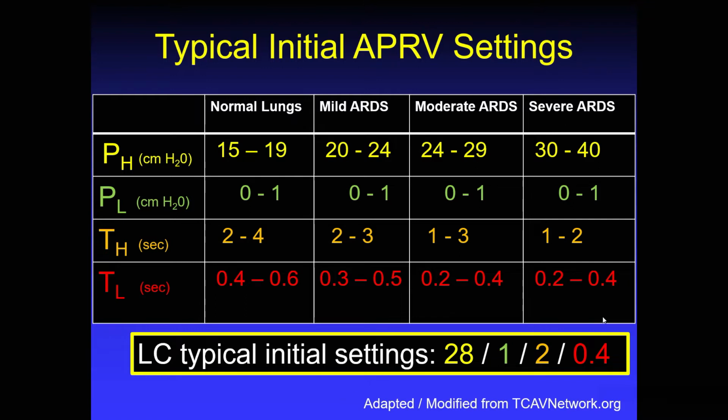And T low, I usually initially set at 0.4, and then we see where we're at in relation to the expiratory flow termination as compared to the expiratory flow peak and ratio, and we'll talk specifically about that. We can also see what the release tidal volumes look like and base your initial tweaking off of that.